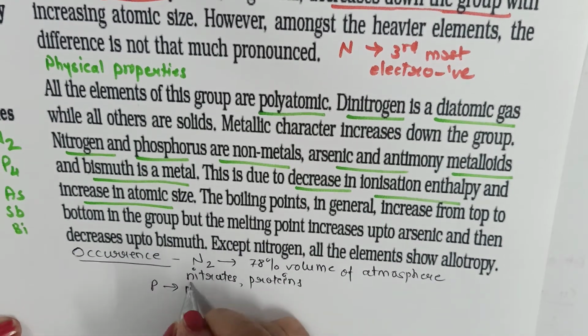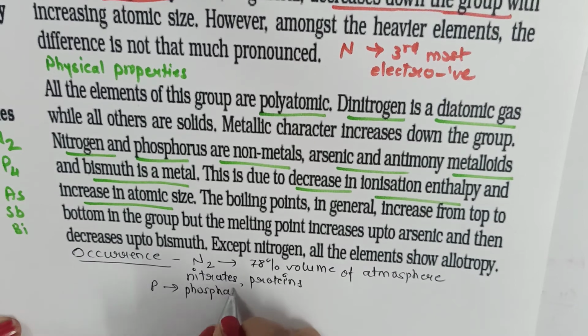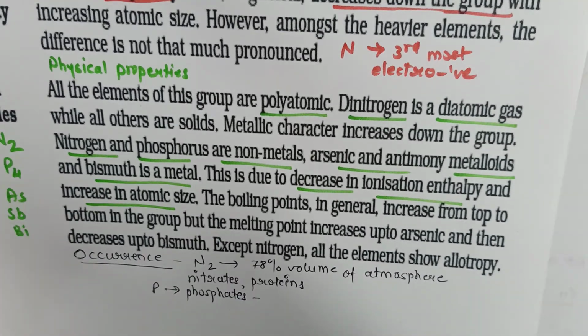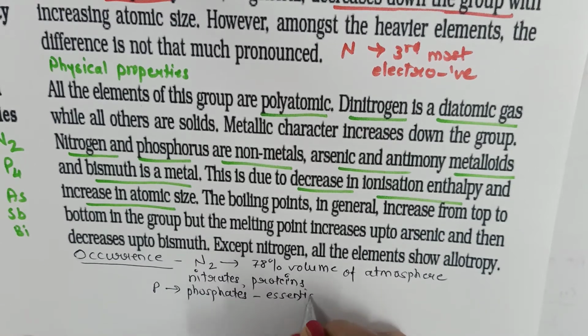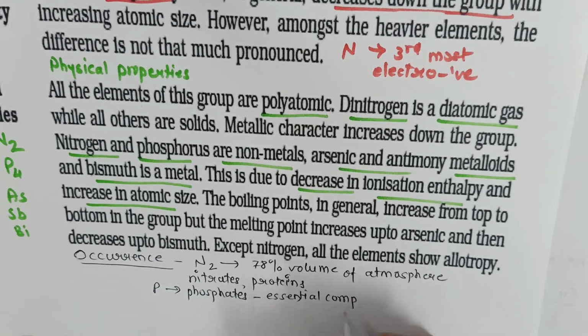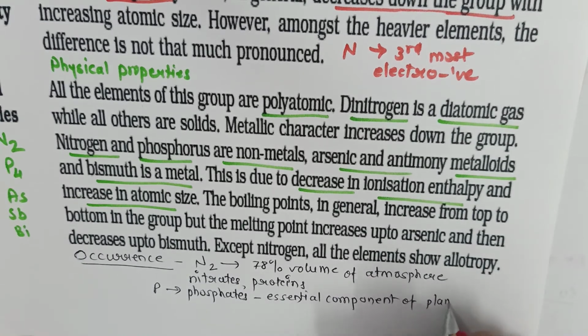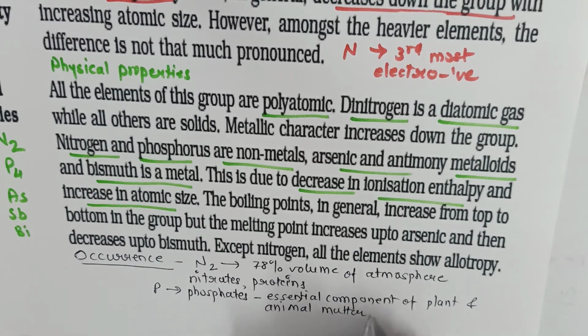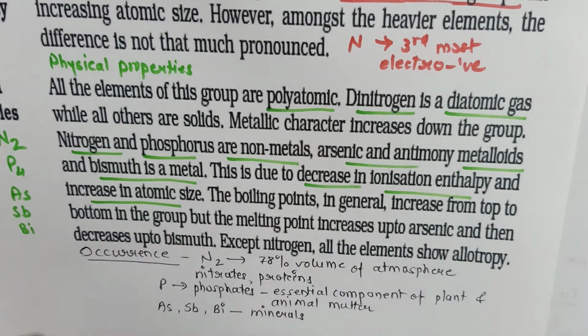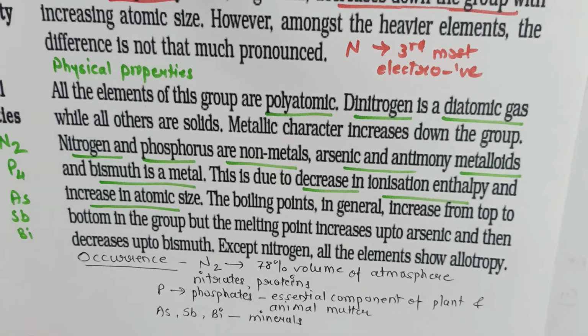Phosphorus exists in the form of phosphates. Phosphorus is an essential component of plant and animal matter. The remaining elements like arsenic, antimony and bismuth exist in the form of minerals.